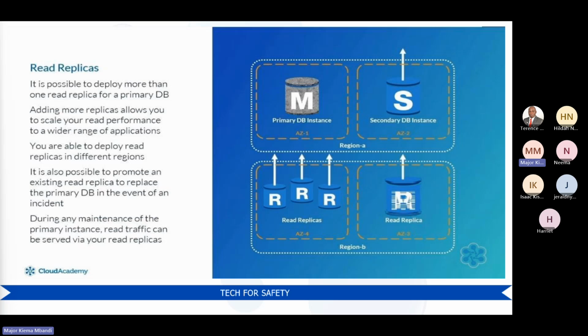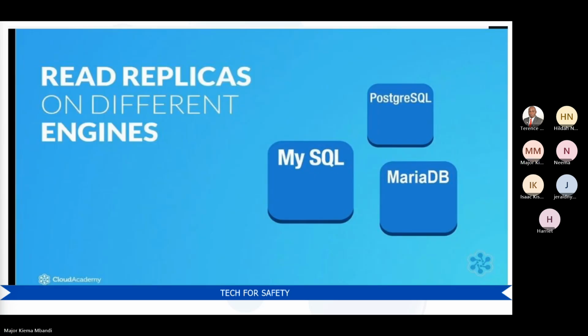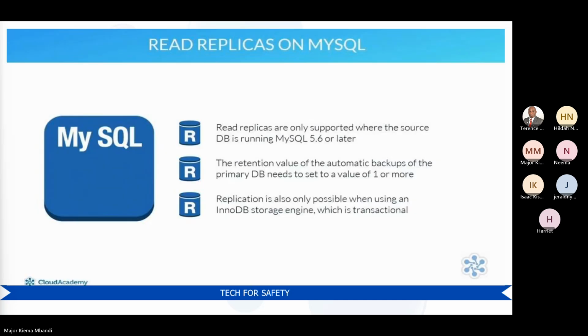So what about read replicas on different engines? As I said, it's supported in PostgreSQL, MySQL, and MariaDB. Read replicas are only supported where the source DB is running MySQL 5.6 or later. So this is one of the requirements.